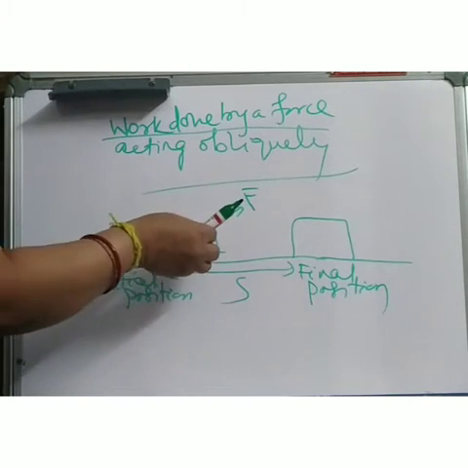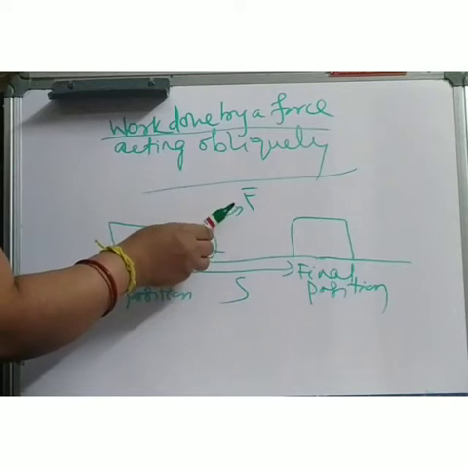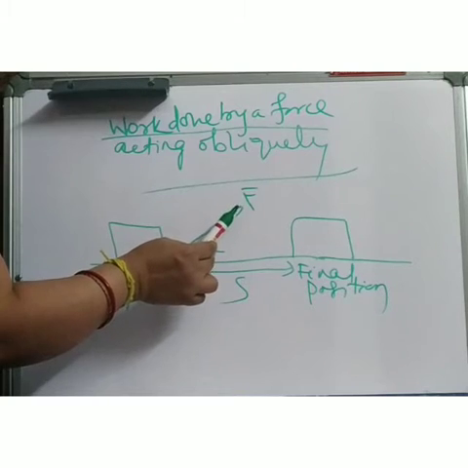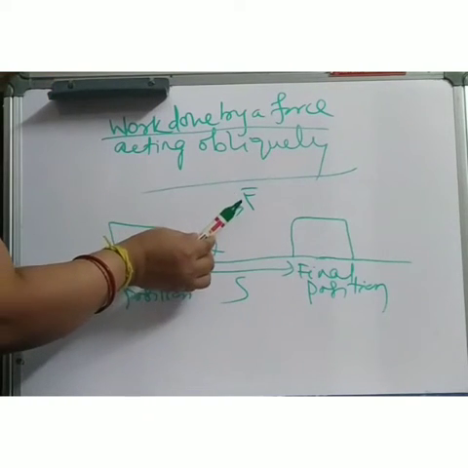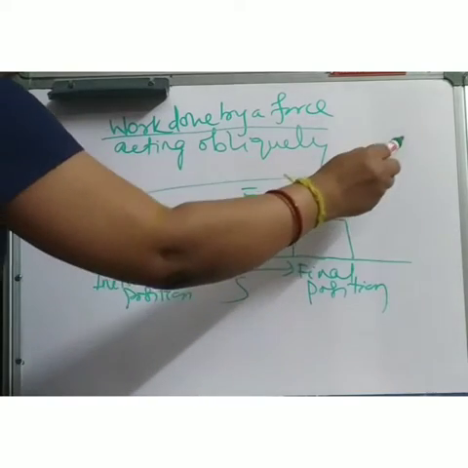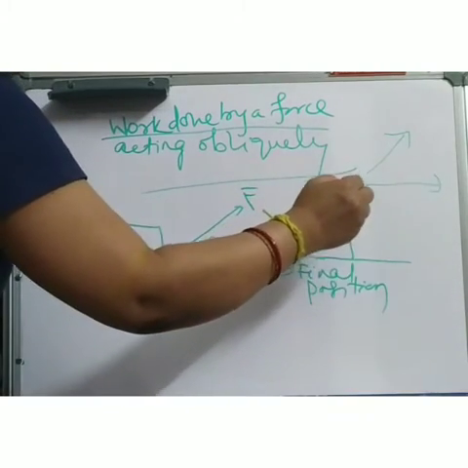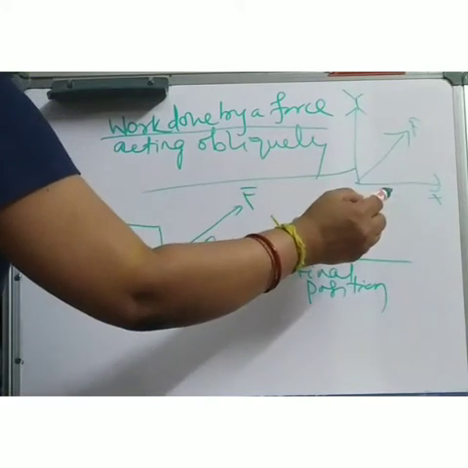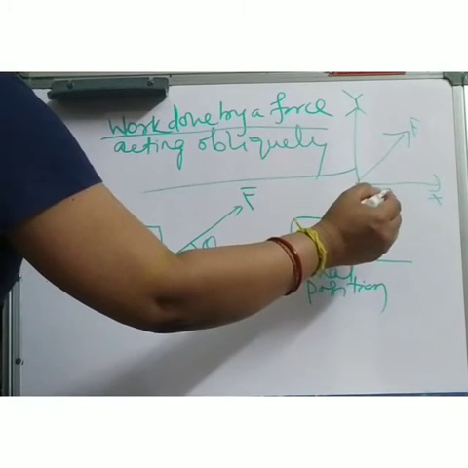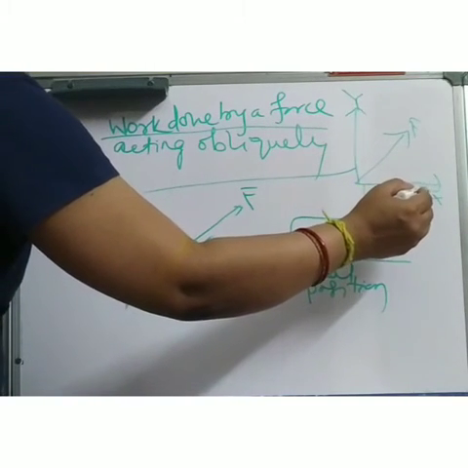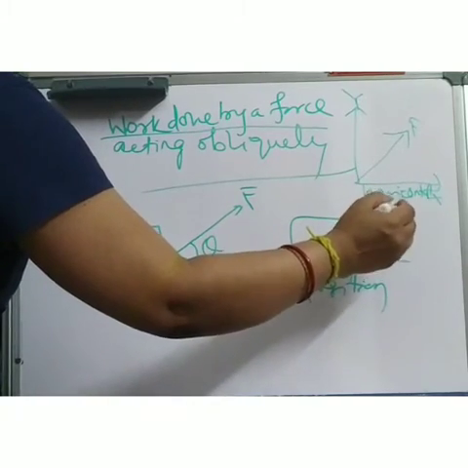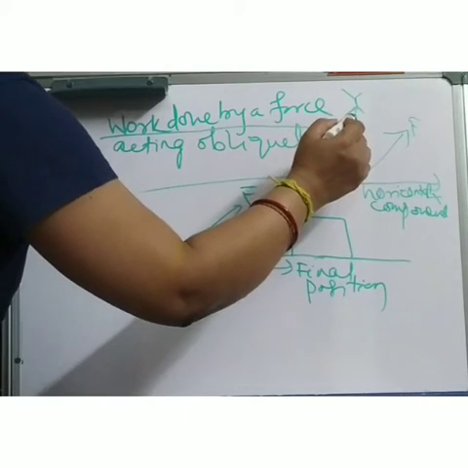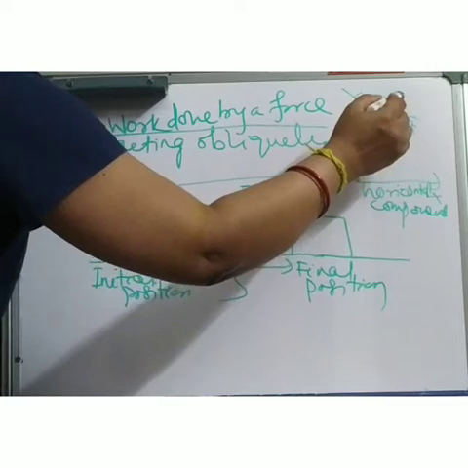From this picture, you can imagine this is the force direction. Force is a vector quantity, which you will study in class 11th. You can divide a vector quantity into two components like this, one in the x direction and one in the y direction. Suppose this is your F. This will be the horizontal component of the force, and this will be the vertical component.